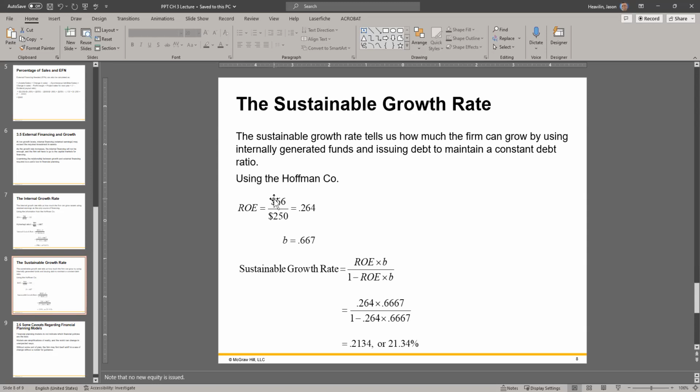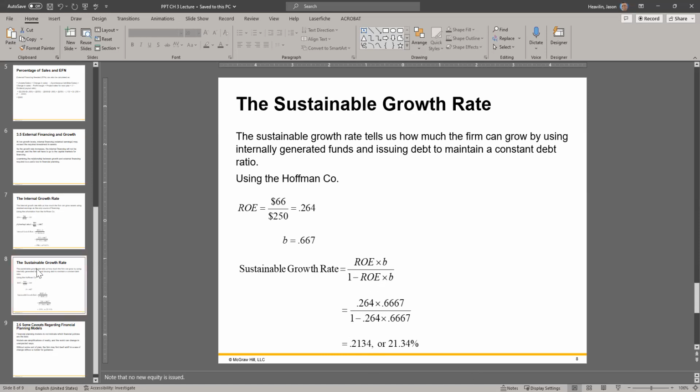In this case, 66 is the net income, 250 would be the common equity. So when you divide those two, your return on equity is 0.264. We already know that the retention rate was 0.667 from the previous slide. So the sustainable growth rate is ROE multiplied by the retention ratio divided by 1 minus ROE multiplied by the retention ratio. So after we calculate, we end up with 21.34%.